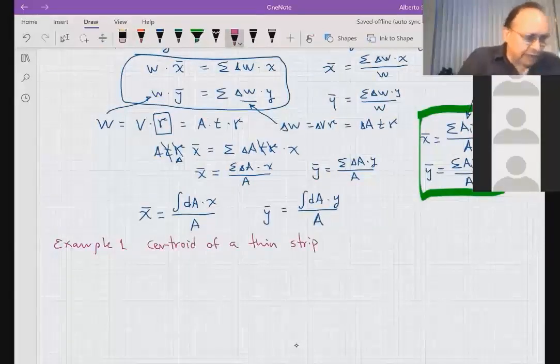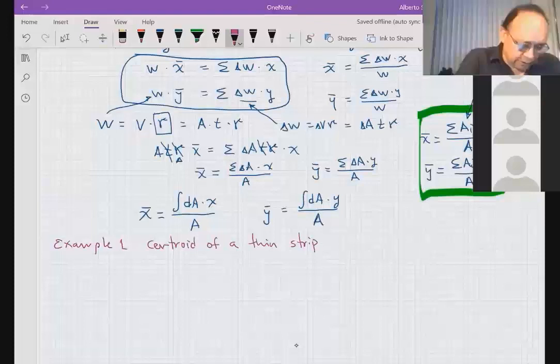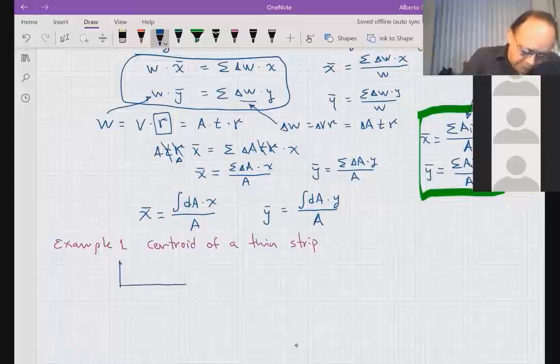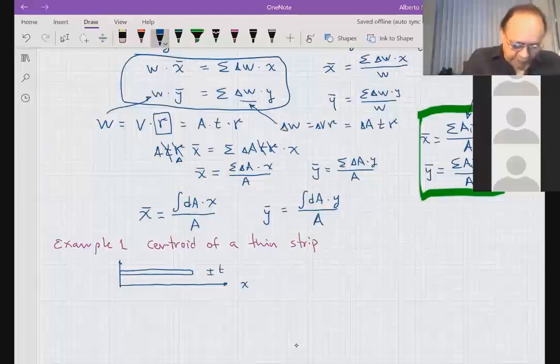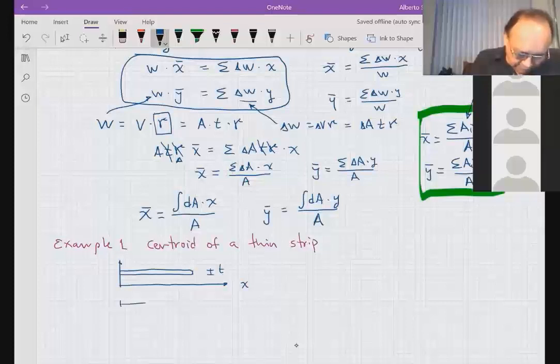And let's do it only in the x direction. So we have here our x-axis, and we have a very thin strip where the thickness is very small, and the strip has a length L.